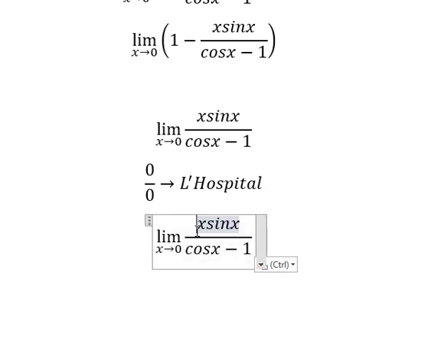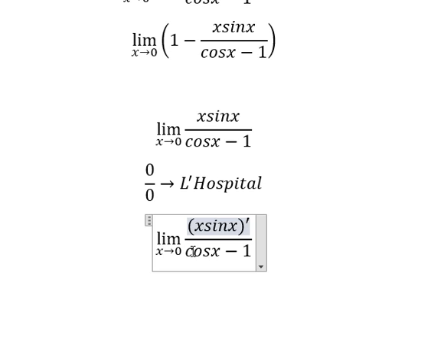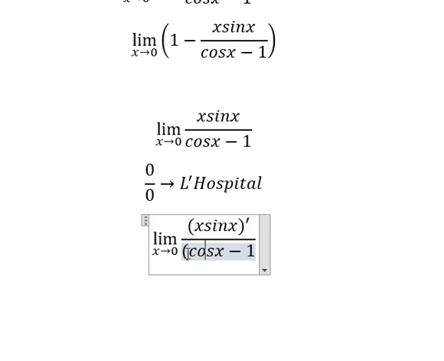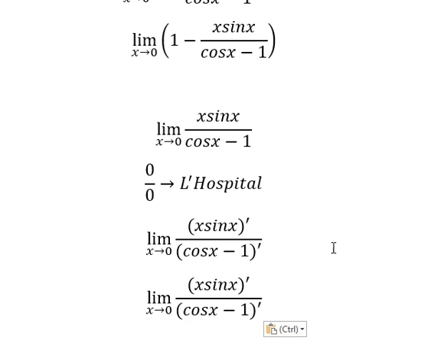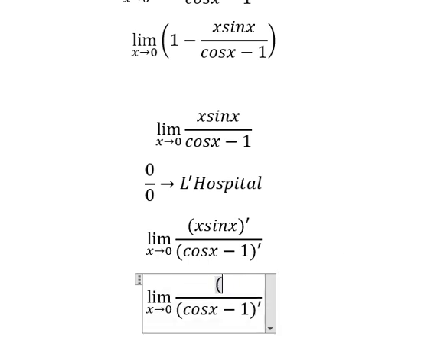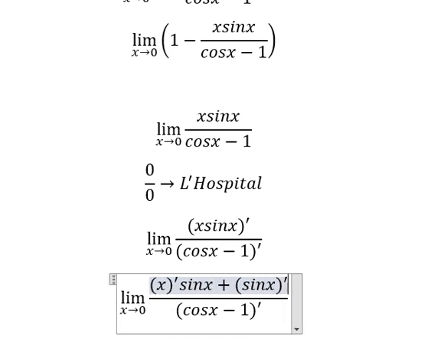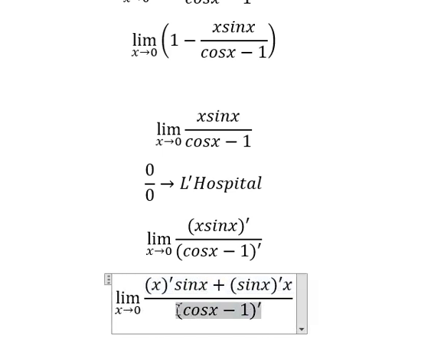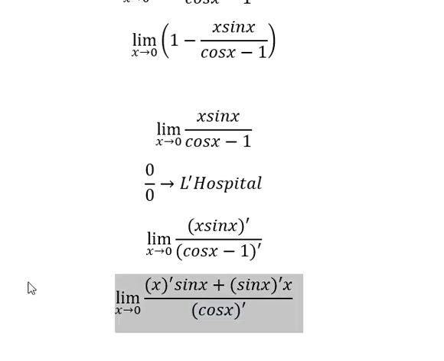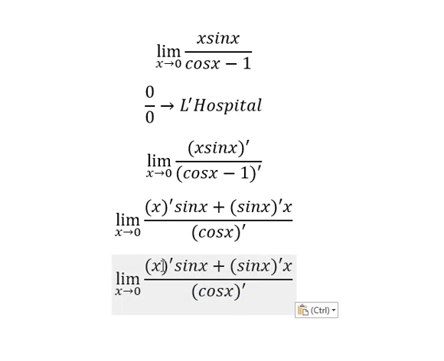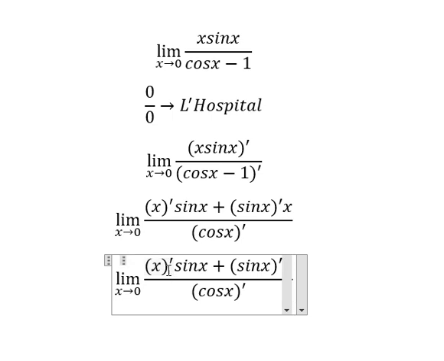So we need to do first the derivative on the numerator and the denominator. So this one should be like this. And this one is about cosine x. So this one we have number 1.